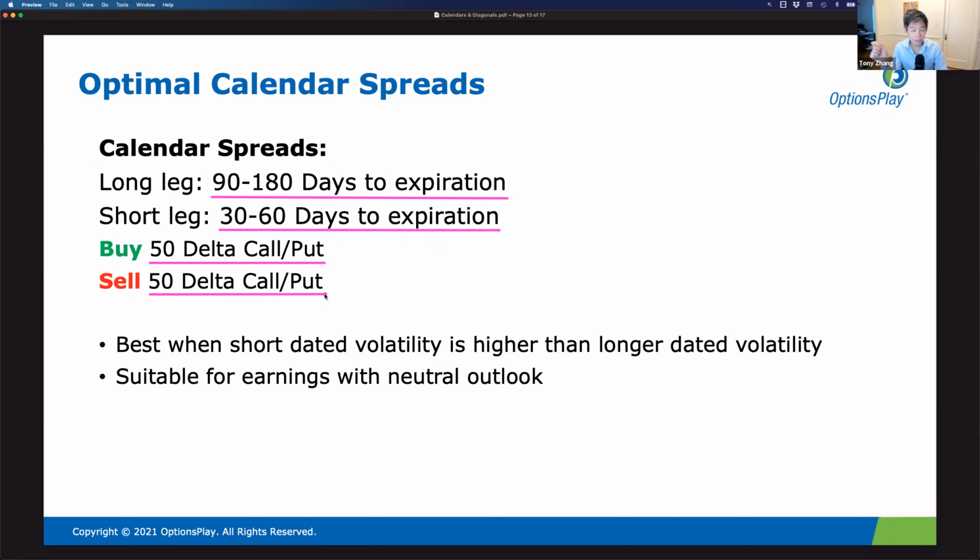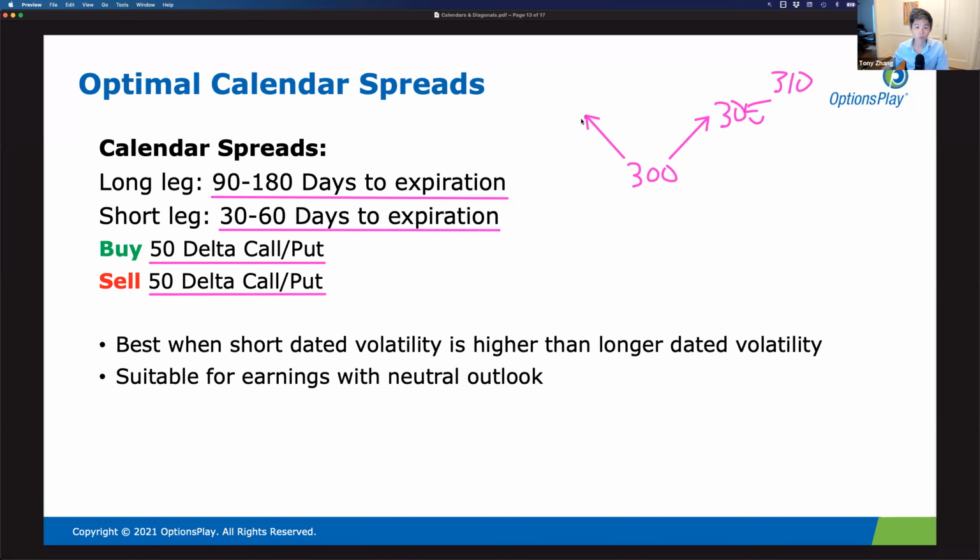Now, you can skew this a little bit higher or a little bit lower if you do have a small directional view, right? So let's say Facebook is currently at $300 and you think the stock is going to drift up a little higher to 305 or 310, then you can sell that 305 or 310 call calendar spread.